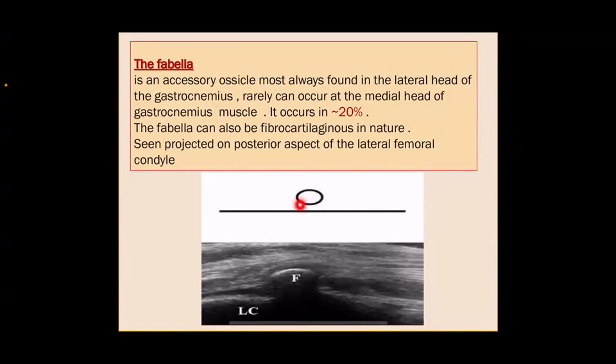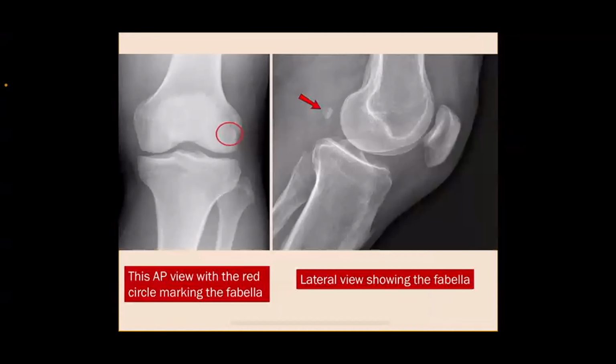This is an ultrasound showing the lateral gastrocnemius muscle with the fabella. This is an AP and lateral view with the fabella here in the red circle, and this is a red pointer to the fabella.